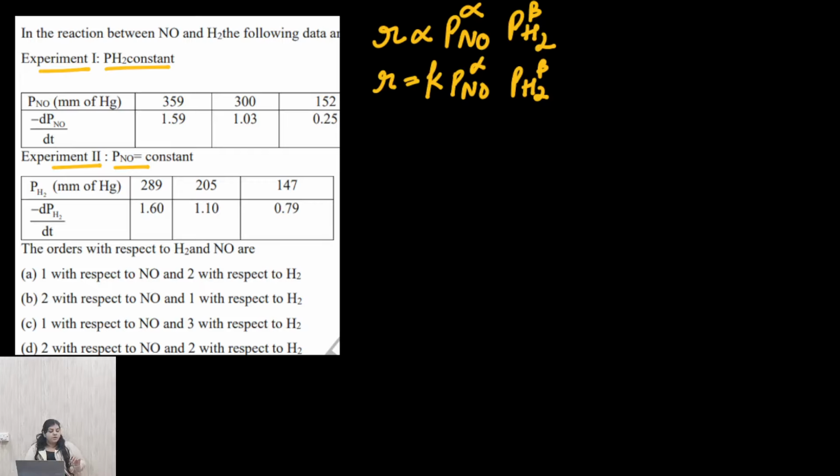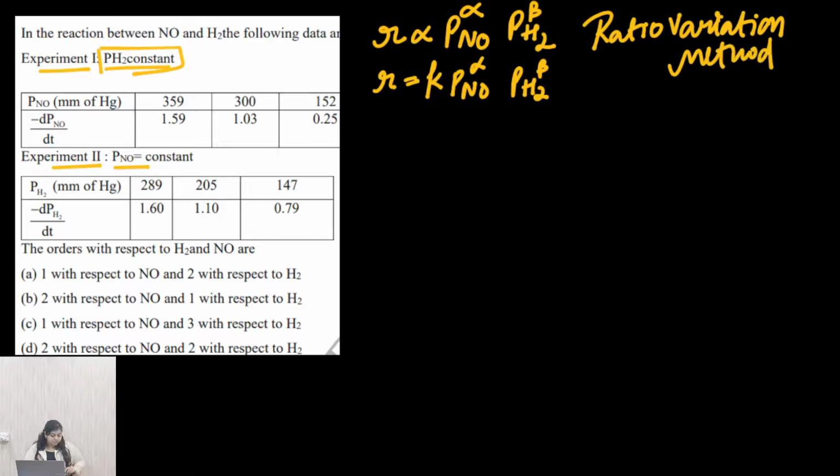In the two experiments, they have kept one of the reactant species constant and varied the concentration of the other one. So the method being used here is the ratio variation method to find the orders of the reaction. Right. If I look at the first experiment, the rate expressions have been given to us along with the pressure terms.